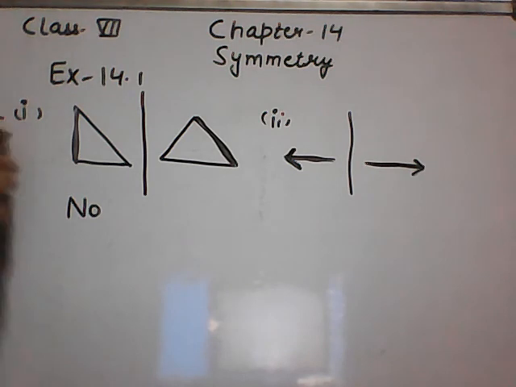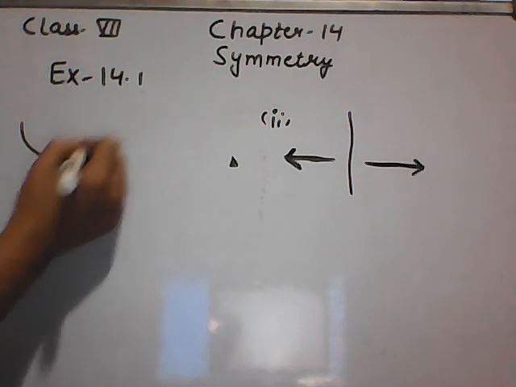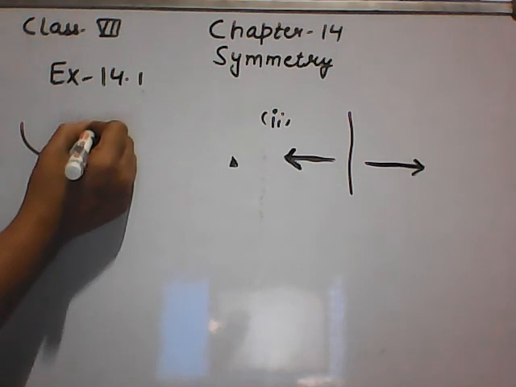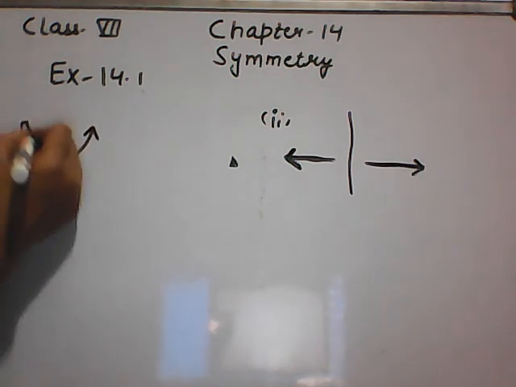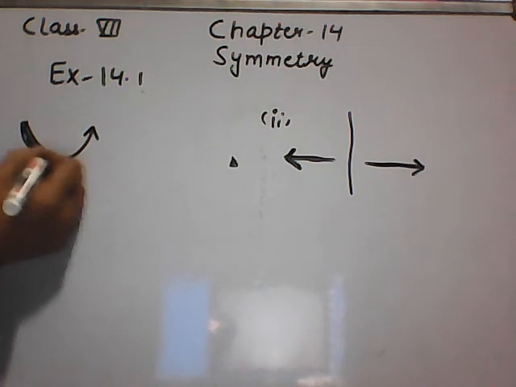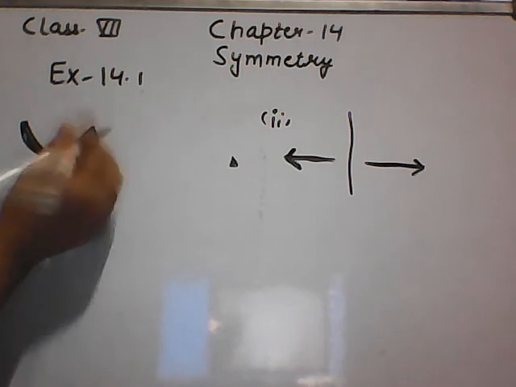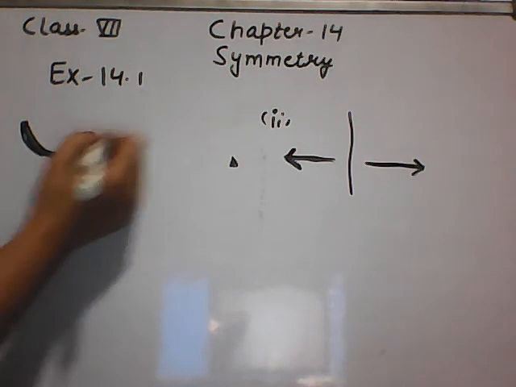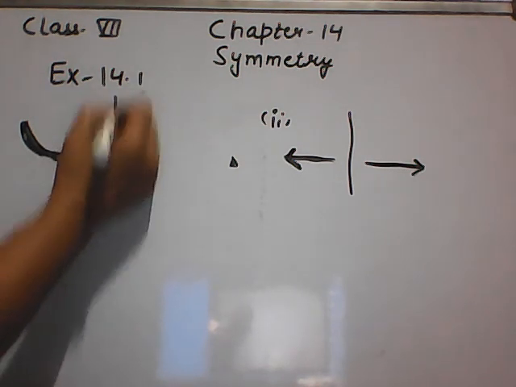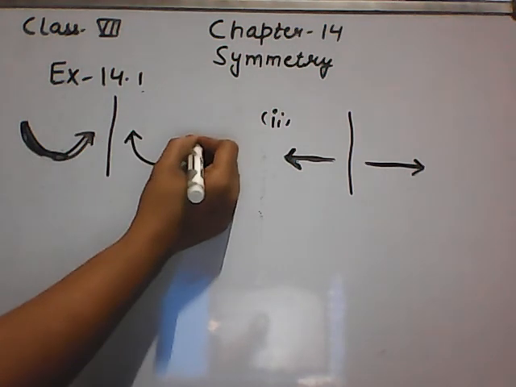In the next part, this type of arrow is given to you in the third part of question number 2. You have to check whether these two images are mirror reflections or not.